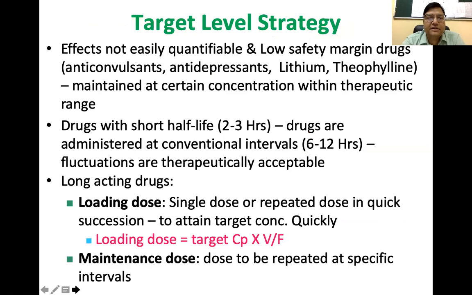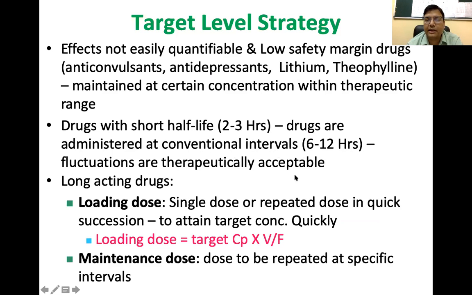Then for drugs which are not easily quantifiable or have a low safety margin, we follow the target level strategy, such as with anticonvulsants, antidepressants, lithium, or theophylline, where we maintain a certain concentration within the therapeutic range so as to make the drug very effective. Drugs with a shorter half-life are administered at a conventional interval of 6 to 12 hours.